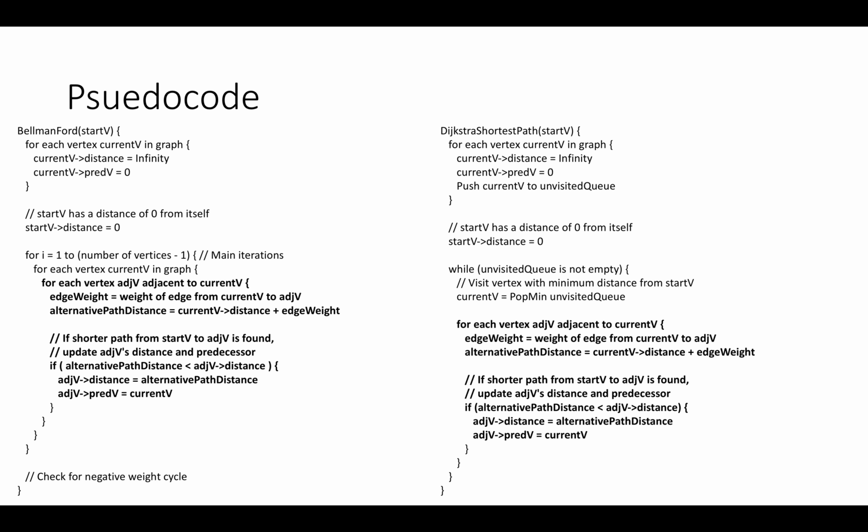And then we have a second part, which is going to check for something known as a negative cost cycle, which we'll see in a minute, and we'll see why that's bad. Because if we end up with one of these negative edge weight cycles, then we cannot actually find the shortest path from the start node to the other nodes in the graph. And we'll see why that is in a second.